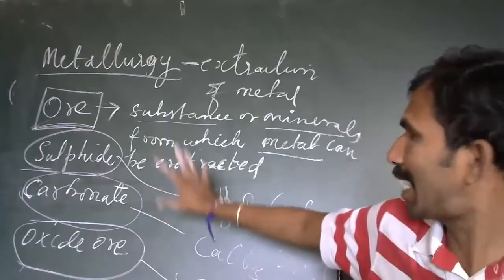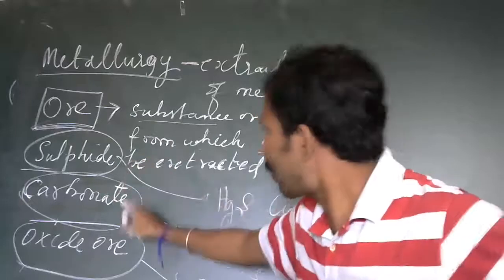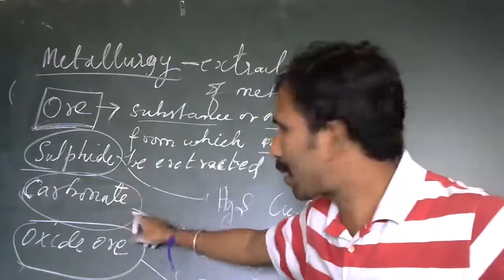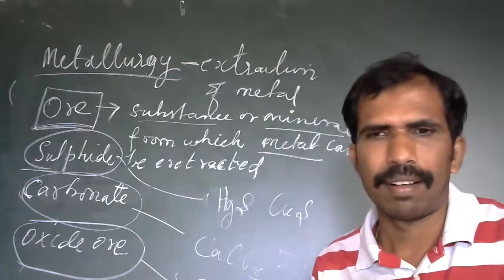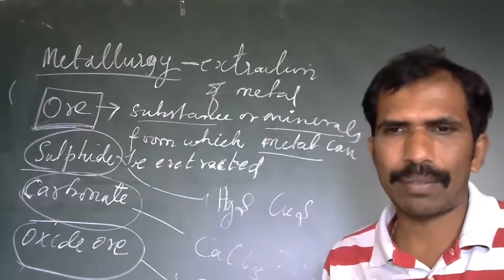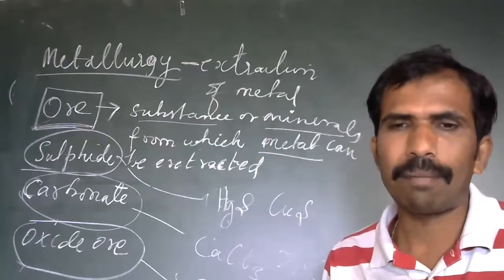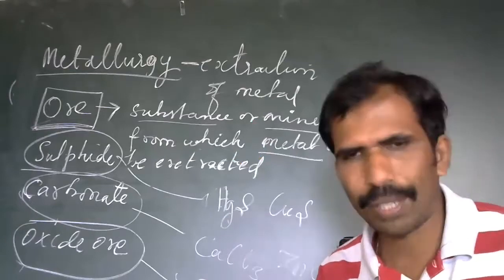I told you there are separate extraction methods. For sulfide ore there is a separate method, for carbonate ore there is a separate method, and for oxides there are separate methods. The methods are chosen on the basis of the reactivity series. If the metal is more reactive, there is one method.